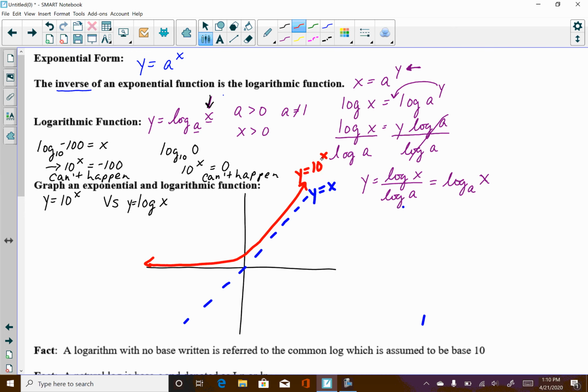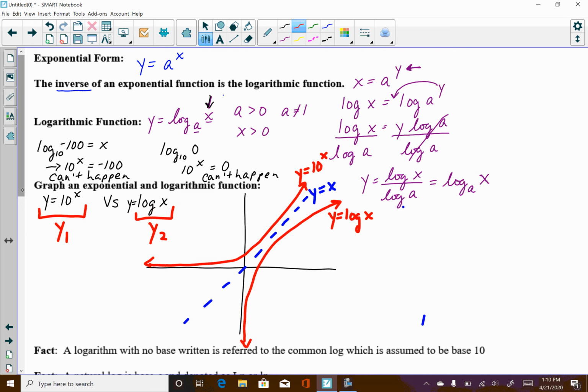Then if you were to graph the logarithmic function, y equals log of x, you could put 10 to the x in y1 and log of x in y2, and you would see something like this. And this would be y equals log of x. And sure enough, they are definitely a reflection across the line y equals x.